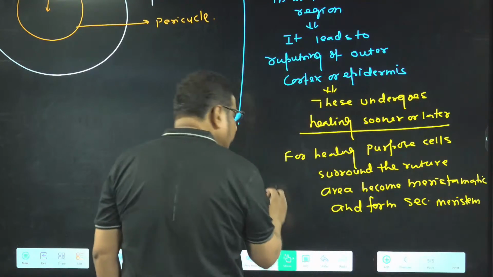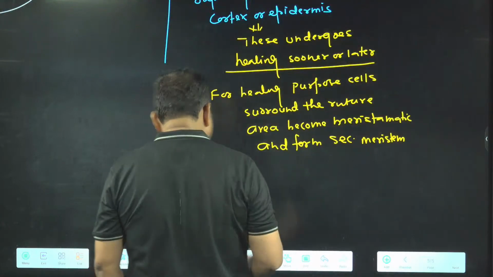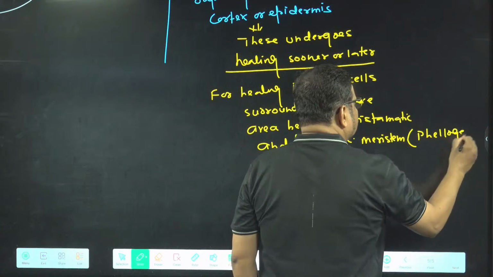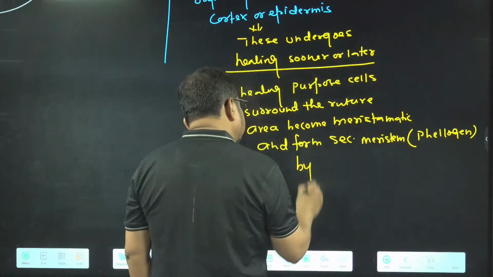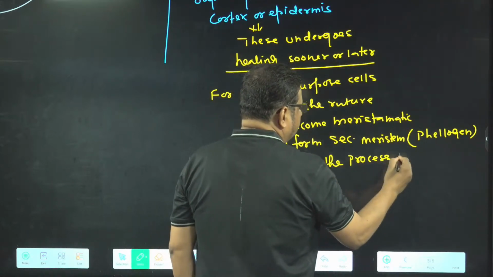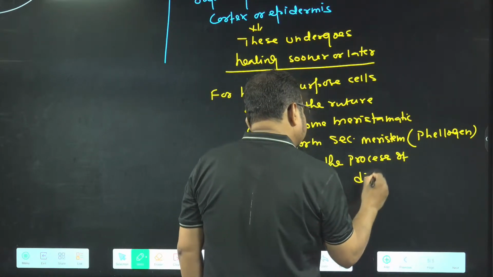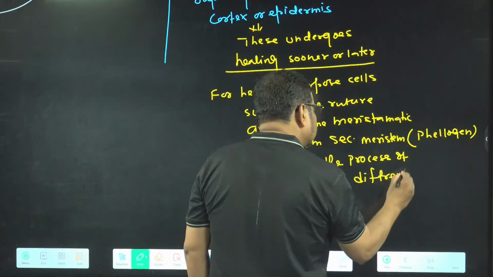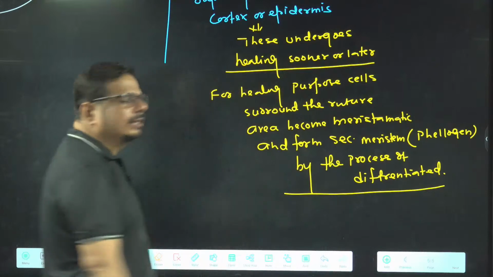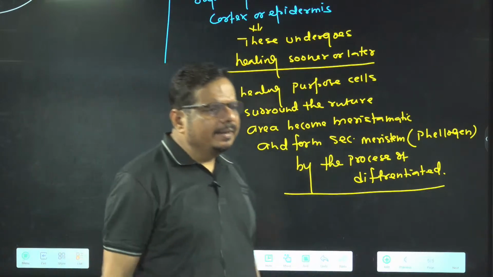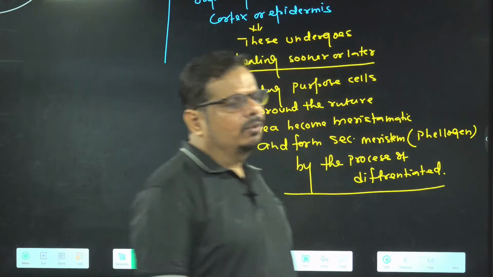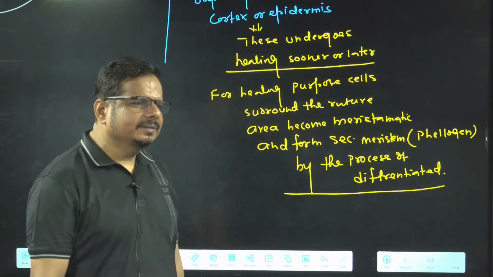And what is the name of this secondary meristem? Phellogen, by the process of de-differentiation. So you got the idea why phellogen forms, what is the need of formation of phellogen, how phellogen is forming. You got the answer of all these three questions or not?